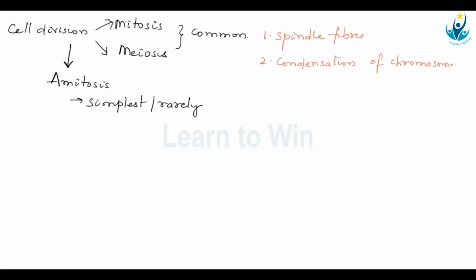Both of these types of cell division show these two special features, whereas in amitosis both of them are absent. That is, there is no spindle fiber formation and no condensation of chromosomes. Nothing of that happens here.